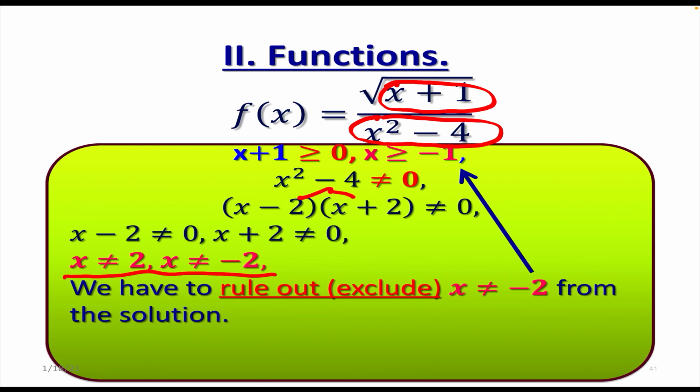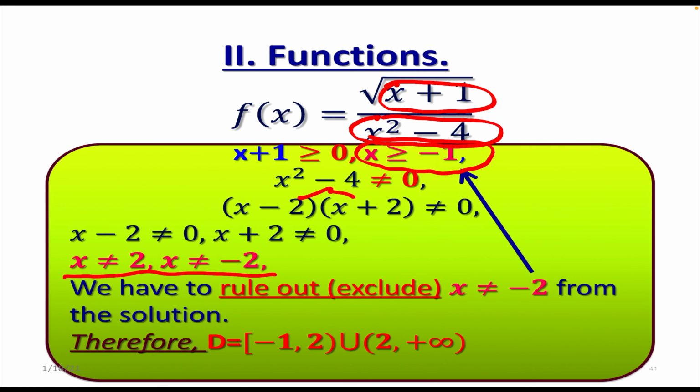Now, since we have the first condition, x greater than or equal to negative 1, we have to rule out the value of negative 2 from the solution, because negative 2 is less than negative 1. So this negative 2 has to be thrown out.